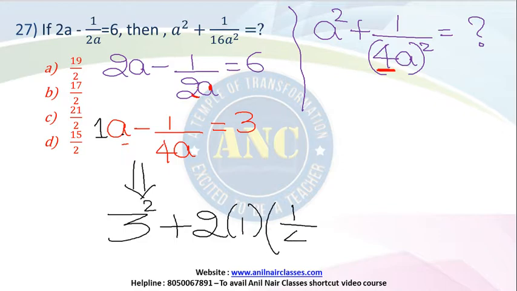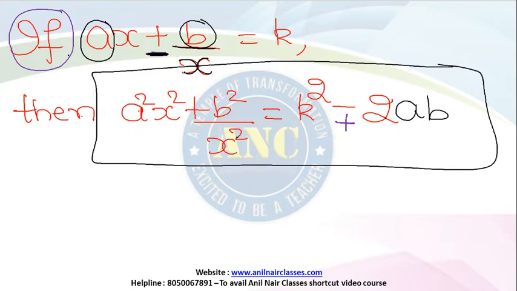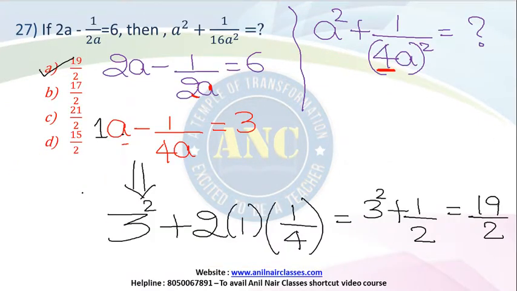So the final answer should be 3 square plus 1 by 2, that means 9 plus 1 by 2, which is 19 by 2. I hope you are very clear why I discussed this key point before solving question number 27. The idea should be very clear for each and every student listening to this class.